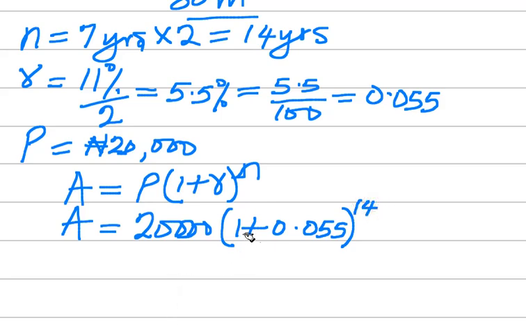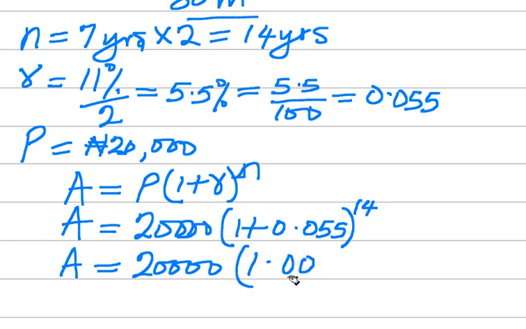Now the next thing is to add the numbers in the bracket. We bring down this A, bring down 20,000. We have not changed anything. I'm trying to change the value inside the bracket right now. Then when you press your calculator, 1 plus 0.055, when you add this, you get 1.055, all raised to power 14.